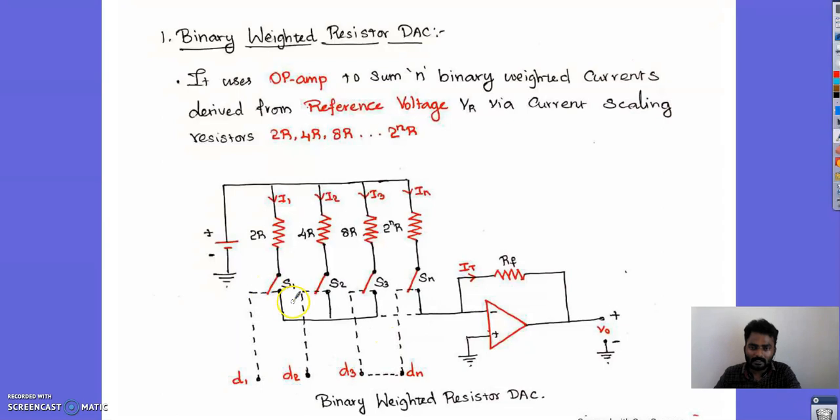If the switch is closed, it forms a binary digit 1, and if the switch is open, it forms a binary digit 0. The input signal is given to the operational amplifier with the feedback resistance, and the output is obtained. This is how your binary weighted digital to analog converter circuit looks.